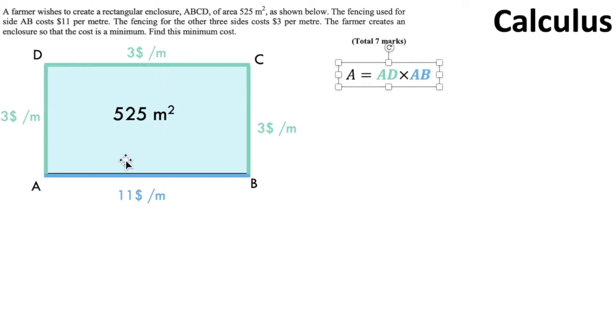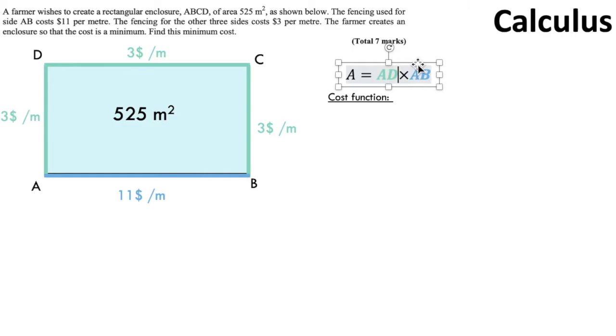We need to find an equation which represents what we're looking for. And in this case, because they're talking about the enclosure and the price, and we're not given any distances for each of the sides, you want to have an equation that talks about the cost. And we're going to call it the cost function.